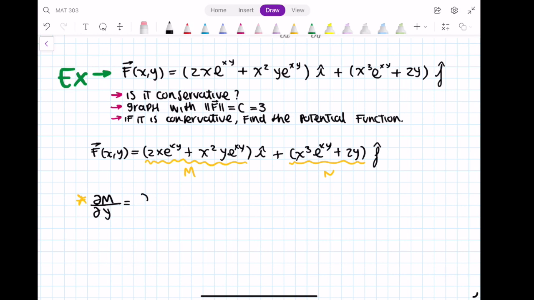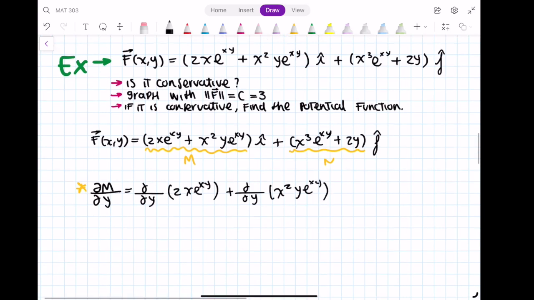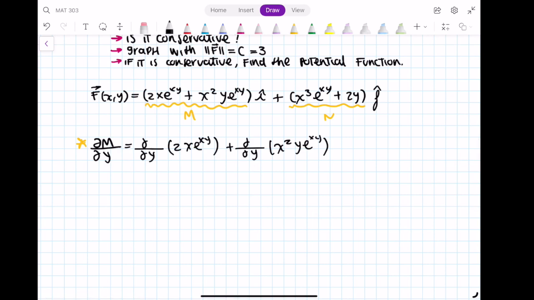That is the partial with respect to y of 2x e to the xy plus y x squared e to the y. Since we're going with respect to y, we can put aside 2x and just take the partial of e to the xy, and here just the partial of y of x and y. This comes from this.